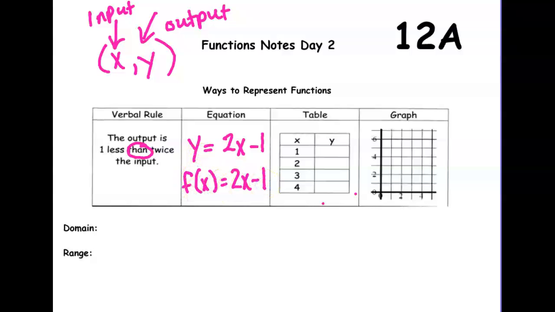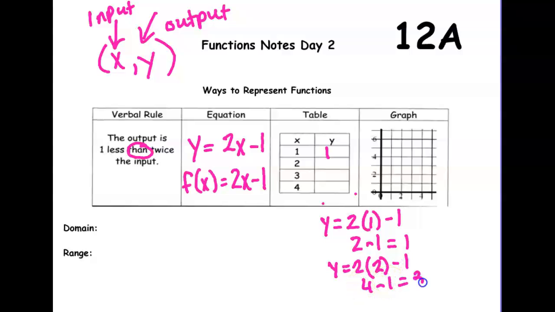If we had a table, then if we had an input of 1, all we're doing is saying 2 times 1 minus 1 is our y value. So that would be 2 minus 1, which would be equal to 1. So an input of 1 would give us an output of 1. An input of 2: 2 times 2 minus 1 would give us 4 minus 1, which is 3.